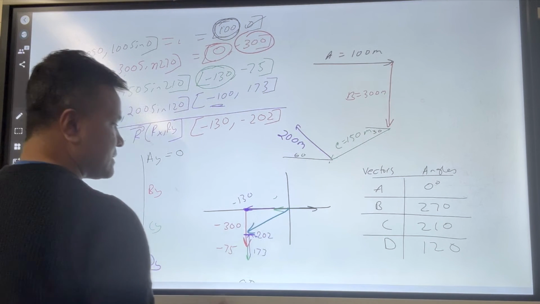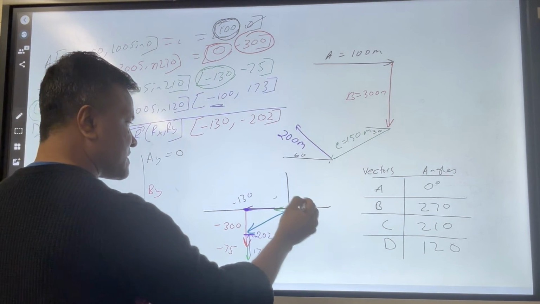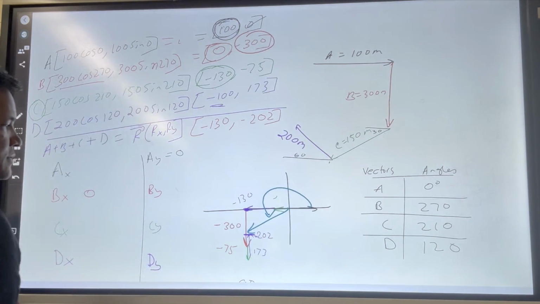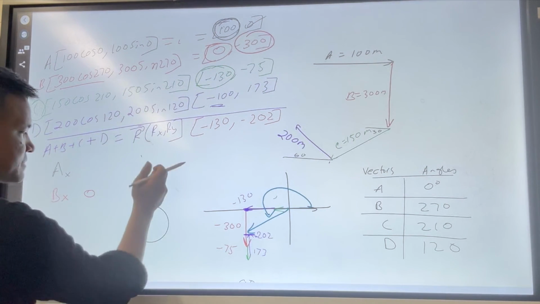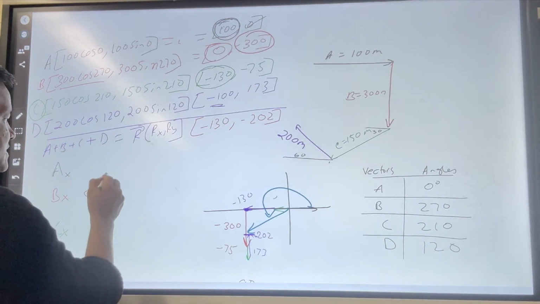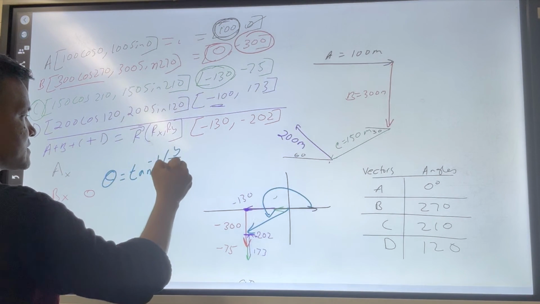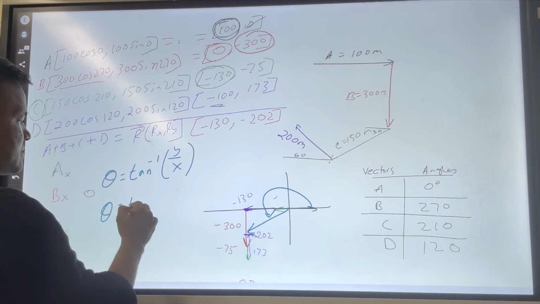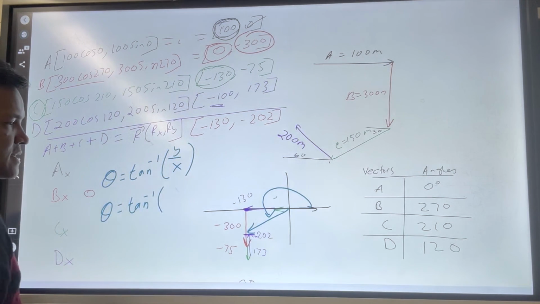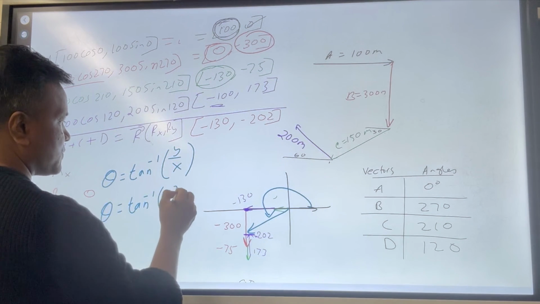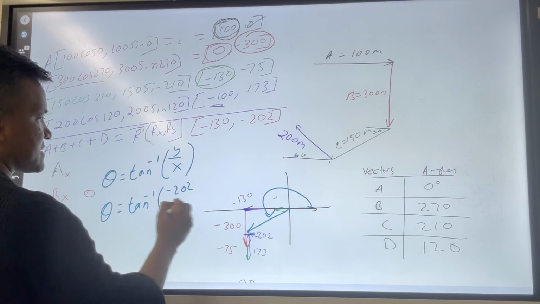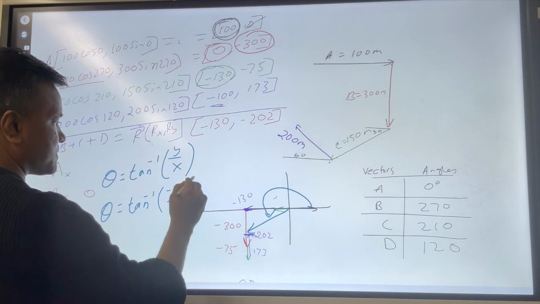So now we know our resultant, but most importantly, we know our resultant angle. What is our resultant angle? It is equal to tangent inverse of y over x, where y is negative 202 and x is negative 130.